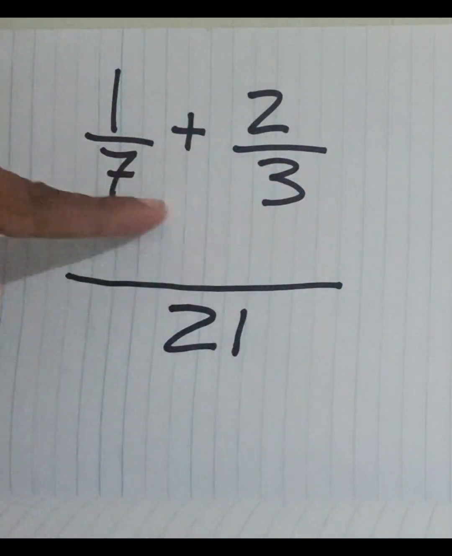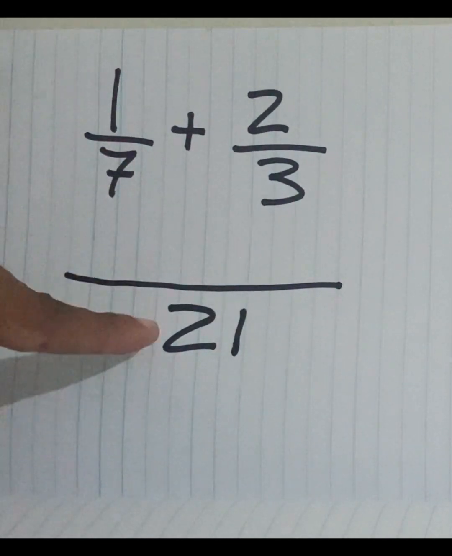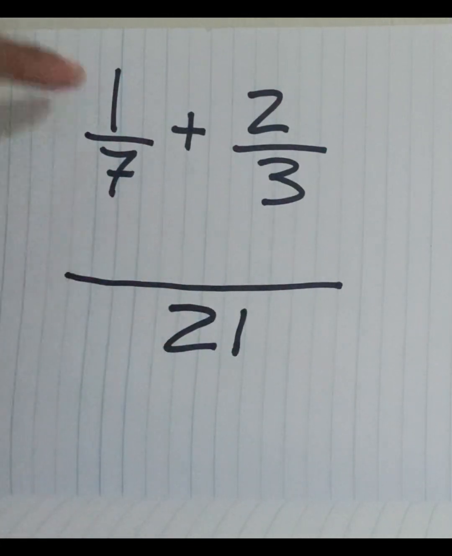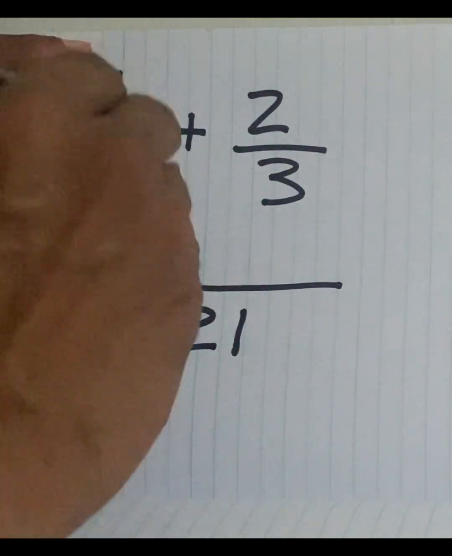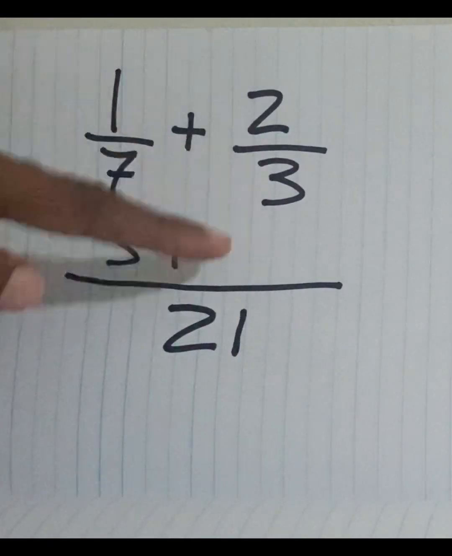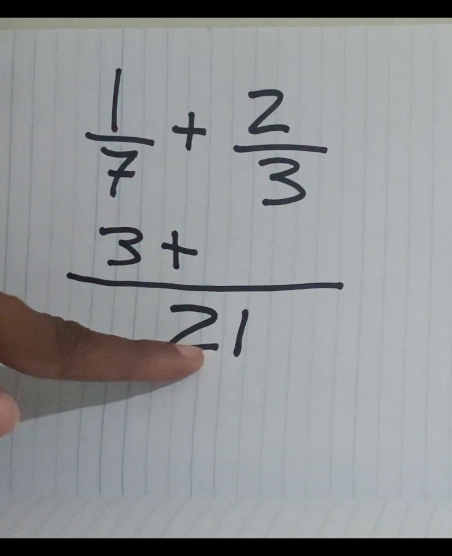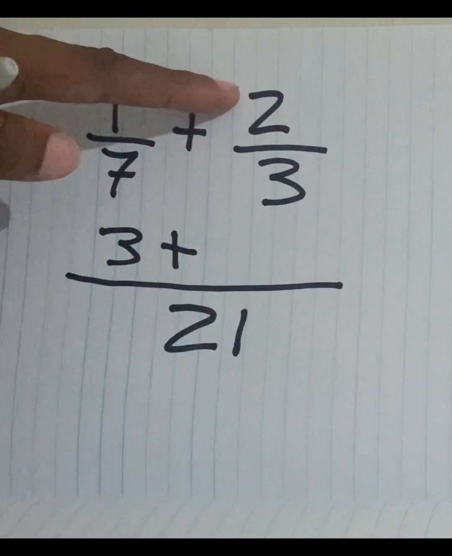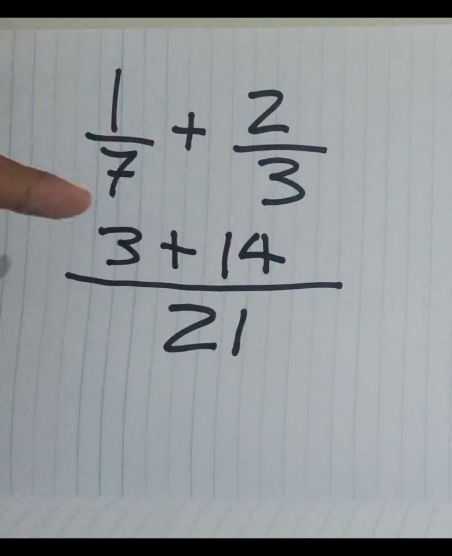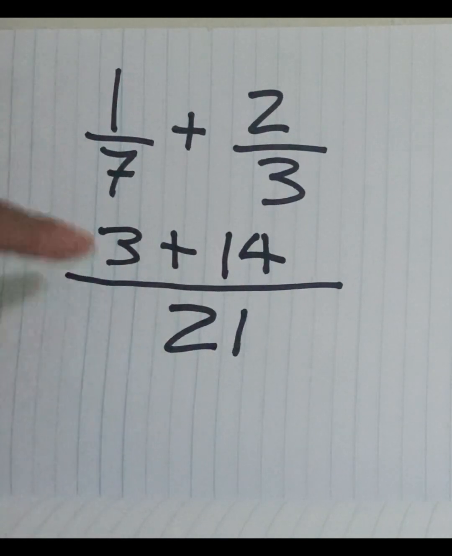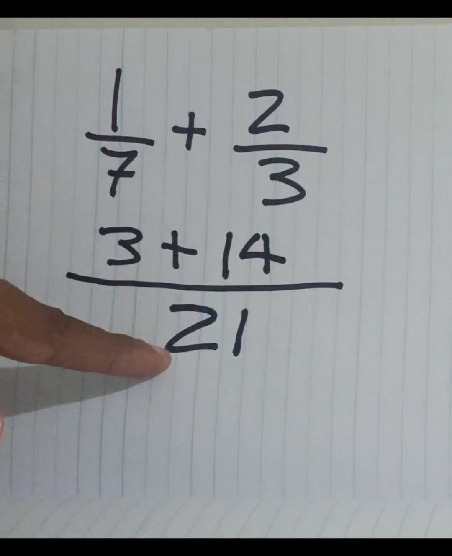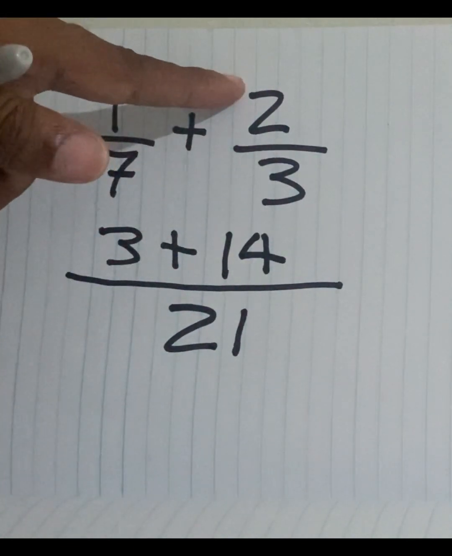We work with the denominators and divide them into 21. 7 into 21 goes 3 times. 3 times 1 equals 3. Then 3 into 21 goes 7 times. 7 times 2 equals 14.